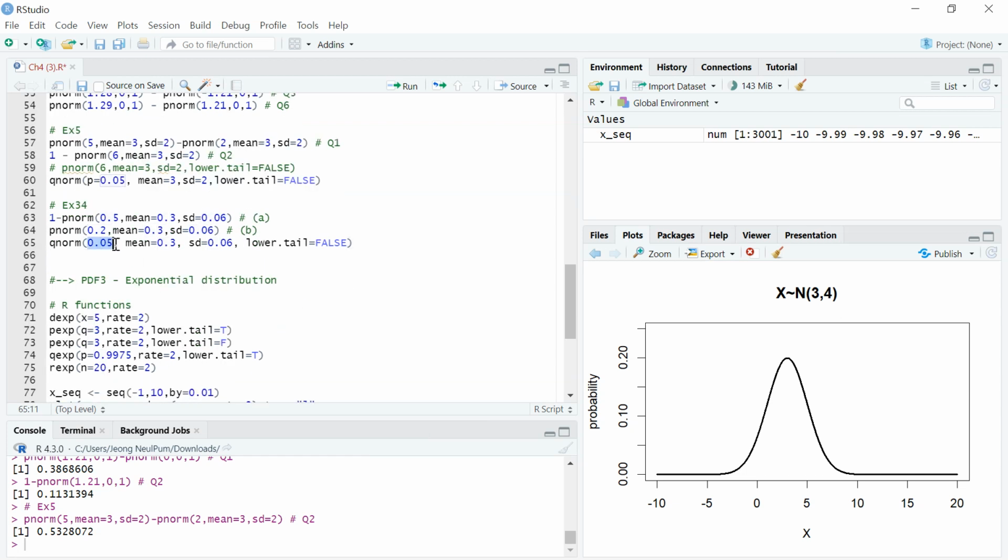And our quantile value has to be the percentage of 0.05.